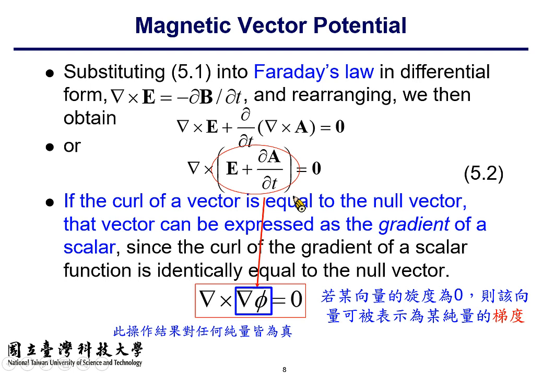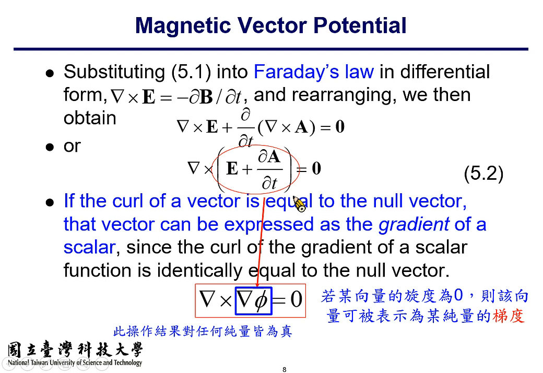So then you end up with just the curl of E plus the time derivative of the magnetic vector potential A, equals 0. And here is another vector identity, which is also valid.